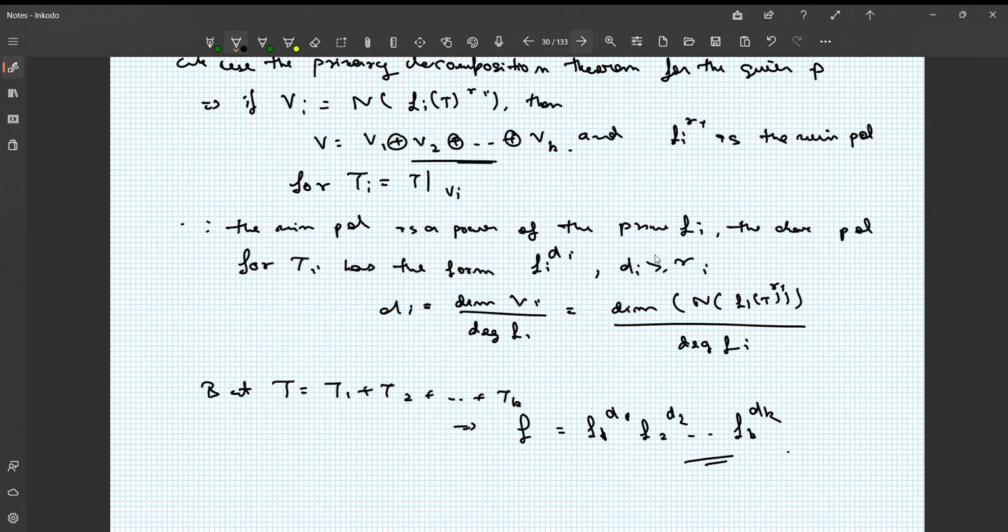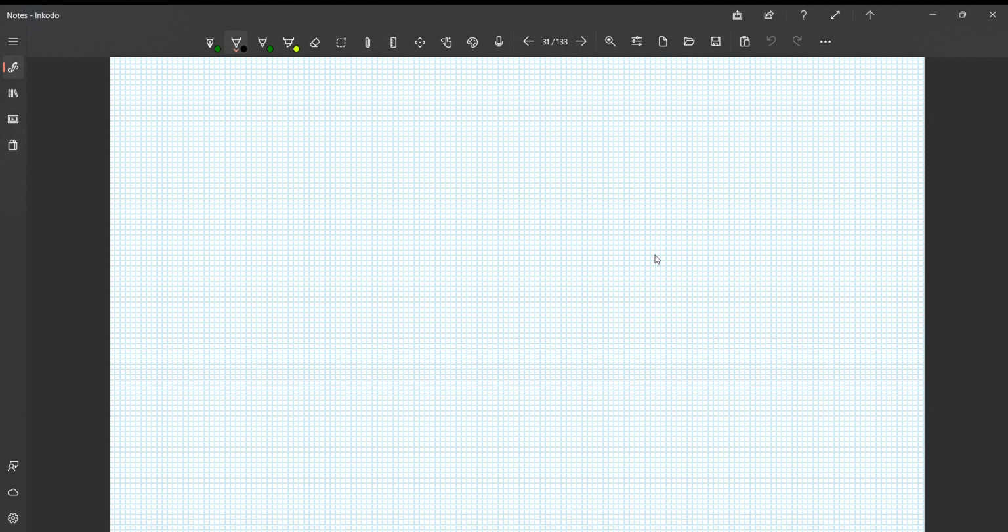Okay. Now let's talk about a very important consequence of this generalized Cayley Hamilton theorem. State this as a corollary.